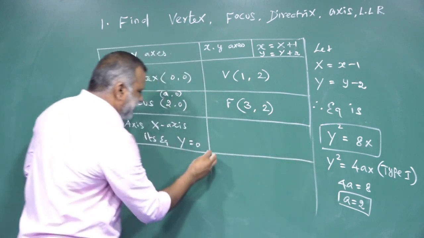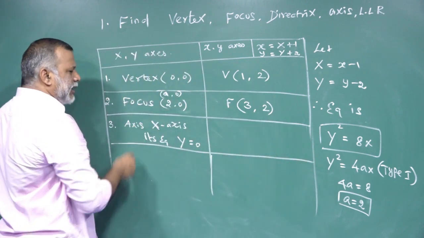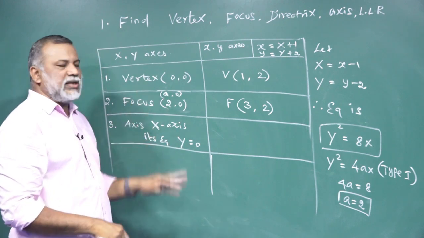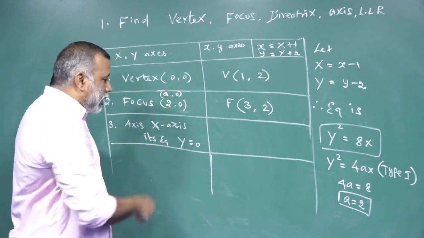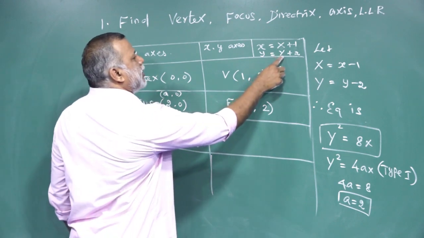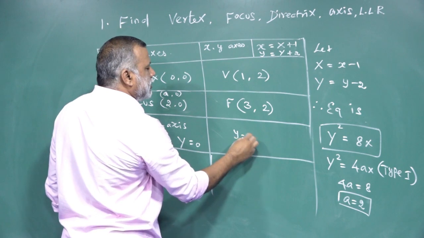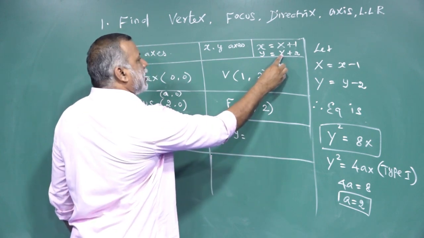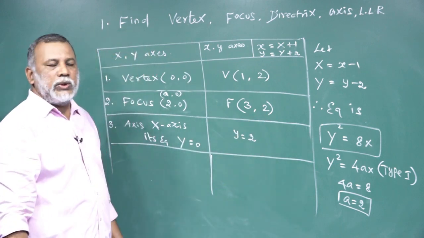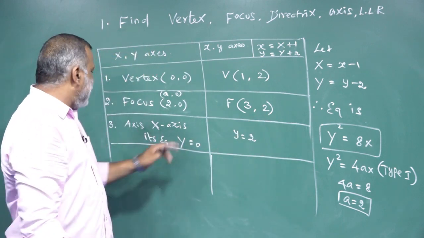We need the result only; this is for your understanding. So the axis is the x-axis, its equation is y equal to 0. Now substitute capital Y equal to 0. This is the value of capital Y, so we get 0 plus 2, then 2. So y equal to 2 is the resultant axis.